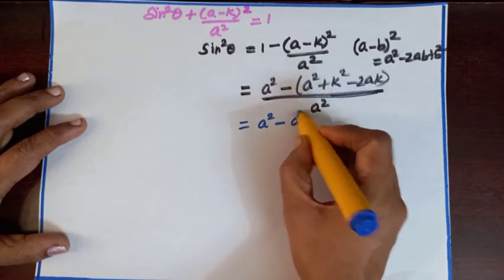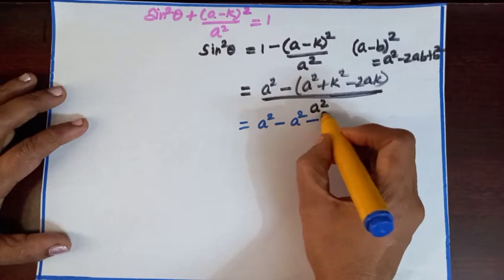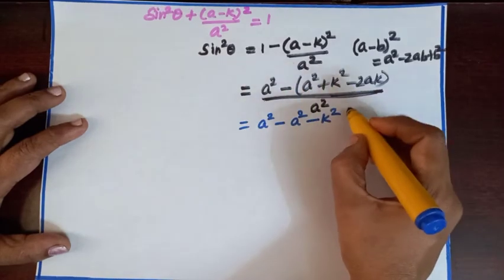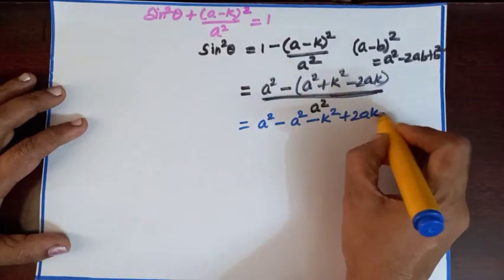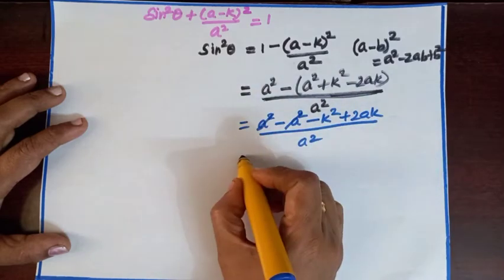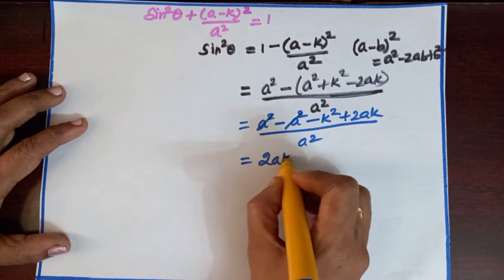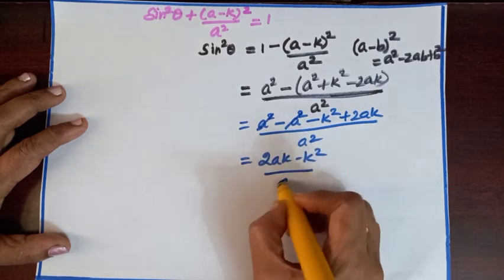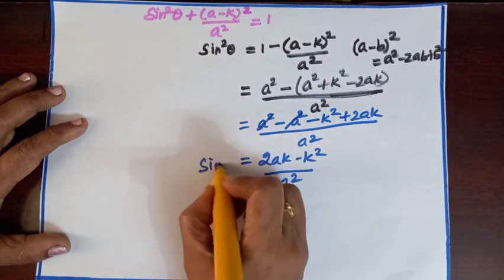Plus a square will become minus a square, plus k square will become minus k square, minus and minus will become plus 2ak by a square. a square minus a square will be cancelled, then we get 2ak minus k square by a square, which is sin square theta.